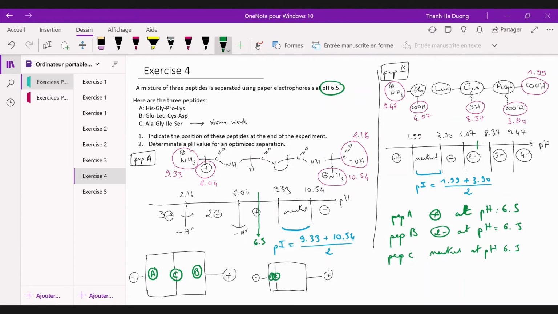You understand that? So you will have A and C, which cannot be separated if you put your mixture on the left side. Okay?